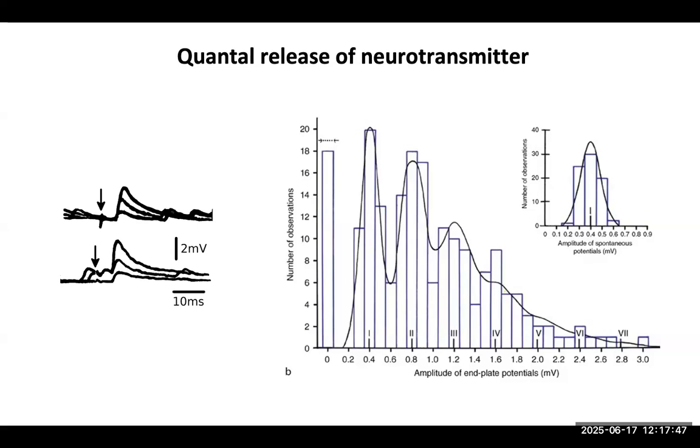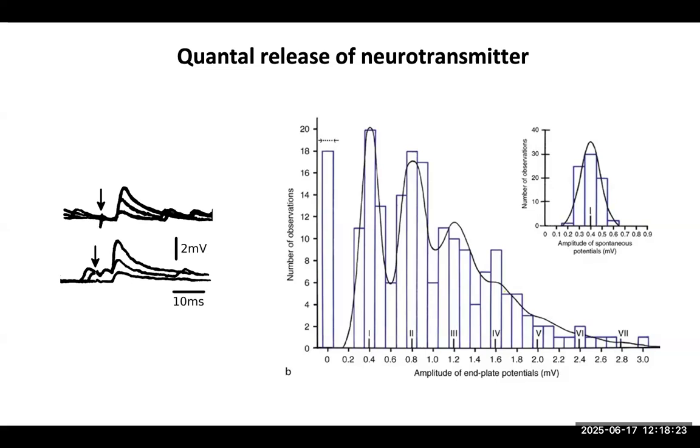The three features are N, P, and Q. N is the number of vesicles in the synapse, which you can use to define your synapse. P is the probability of release of these neurotransmitters. Sometimes you can have a really high probability of release, sometimes you'll not have as high, so you have low probability of release. It's not that every time an action potential comes down, you'll have vesicular release.